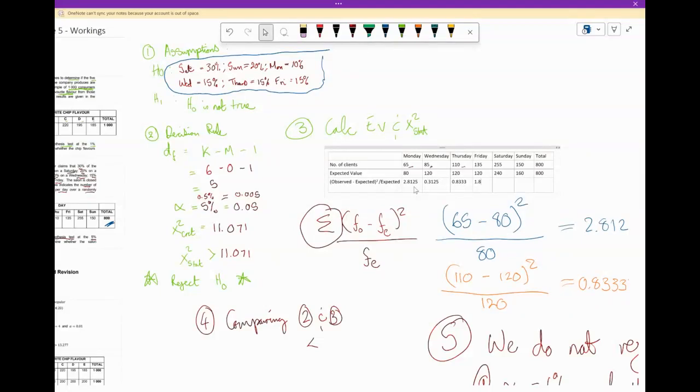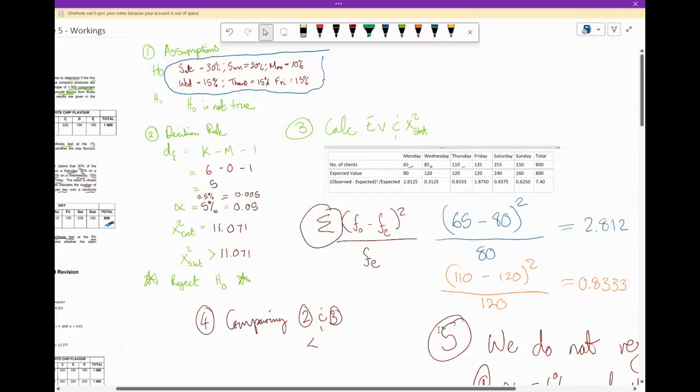So if the question doesn't tell us, we always work to 2 decimal places, just for your final answer. Here, remember, these are not our final answers because we are adding them all. So it's fine. And then 0.6250.